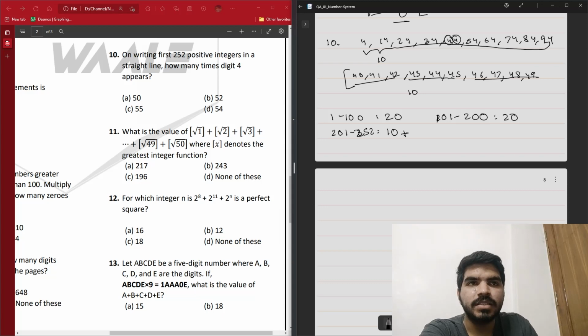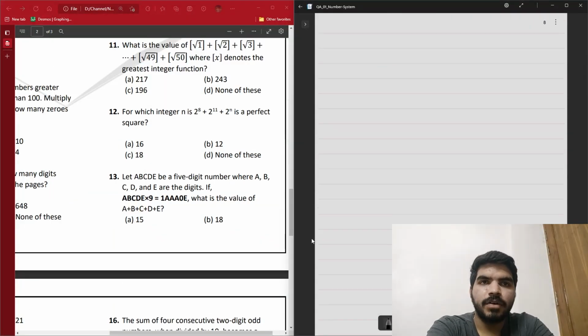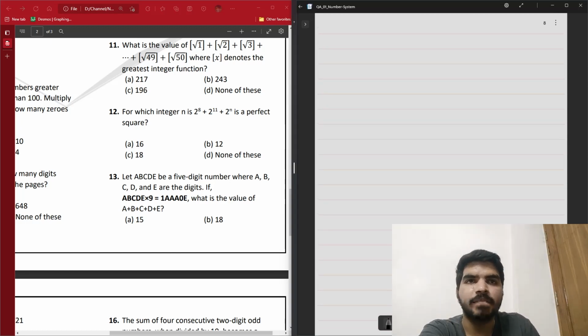Now out of these things, 254 is greater, so we will remove these 5: 1, 2, 3, 4, 5, and only these 5 will remain. That means 5. The answer must be 55. Any doubts? Just tell me in the comments. I'll tell you.